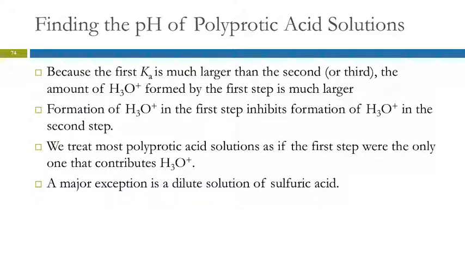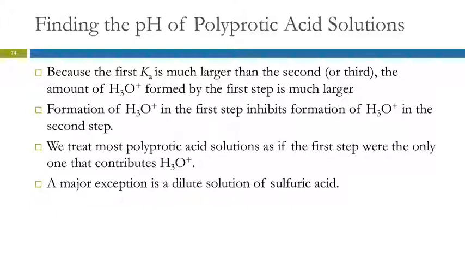Okay, finding the pH of polyprotic acid solutions. It seems like this could be a lot more complicated, right? Because we've got these different possibilities. But the first Ka is much larger than the second or third. And so the amount of hydronium ion formed by that first step is much larger. And the formation of that hydronium actually will inhibit the formation of hydronium in the second step.